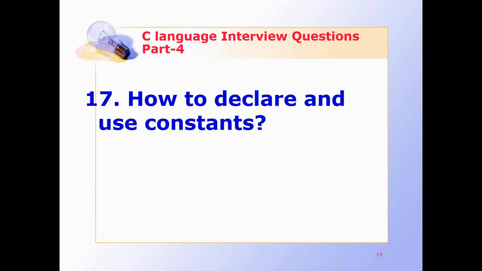There are two simple ways in C to define the constants: using the #define preprocessor, and using the const keyword. The #define preprocessor: following is the form to use #define preprocessor to define a constant. #define identifier value.